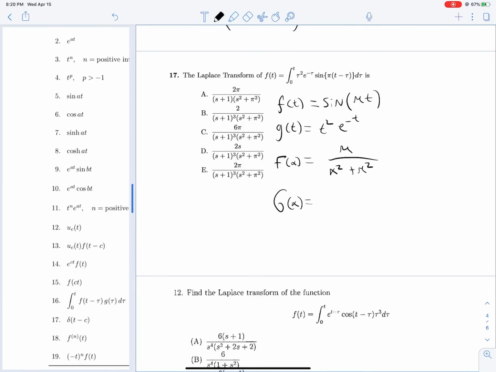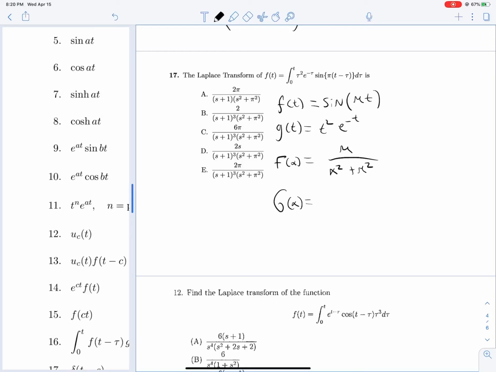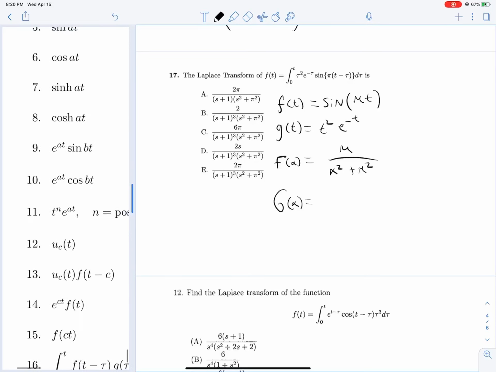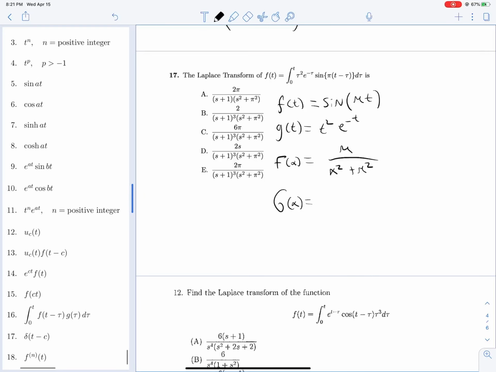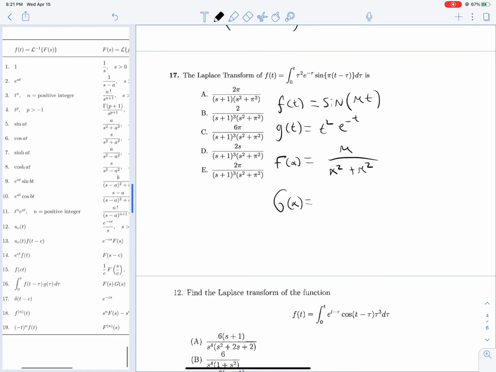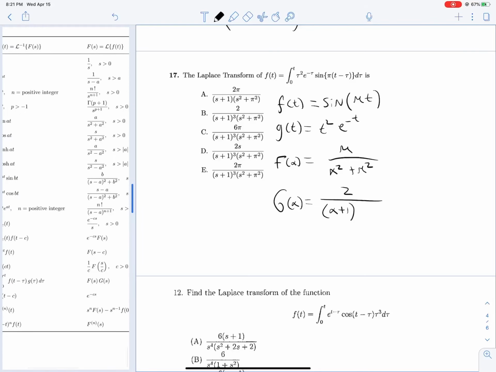And then we're going to be using t to the n times e to the a t, where n is a positive integer. That's true. N is equal to 2 in this case. We get n factorial, so 2, all divided by alpha minus the a value here, where a is negative 1, so we'll have plus 1, to the n plus 1.